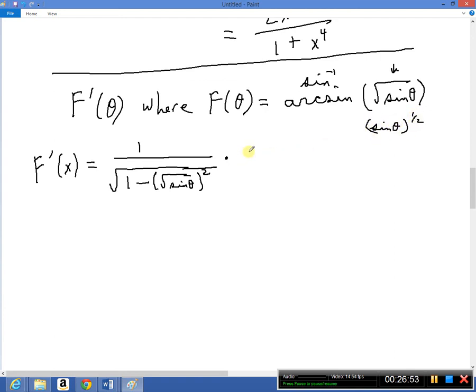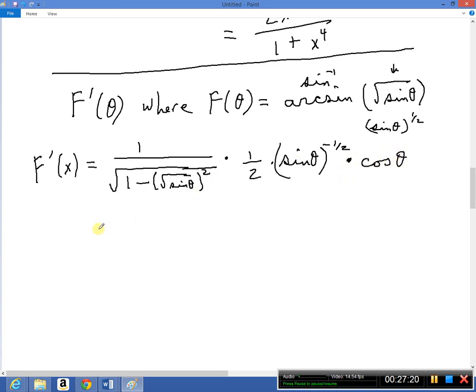So the derivative of anything to the 1/2 power is 1/2 times that anything to the minus 1/2. Almost, because again, what's inside here is not the independent variable. It's not theta. Therefore, the chain rule comes out again and says, you got to multiply by the derivative of what's inside there. So that's going to give us a factor of cosine theta.